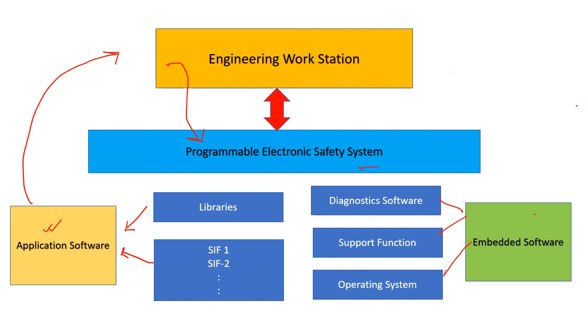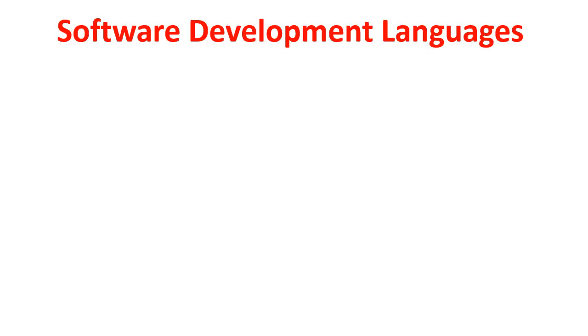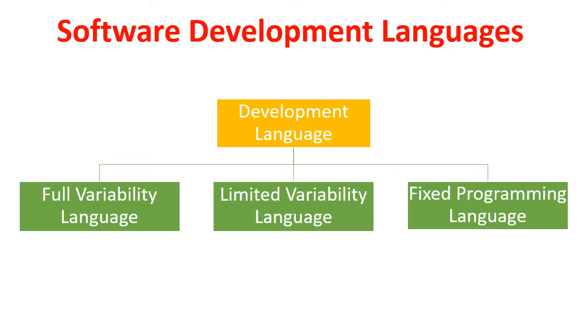Now these are the types of software that are being used. If we see the languages, what are the software development languages that are being used? There are mainly three languages. One is full variability language, another is limited variability, and another is fixed programming language. We are discussing both PLCs and field instruments.